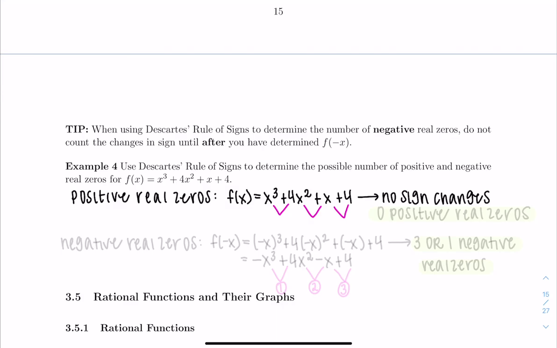Which means there are 0 positive real zeros. That means that they would only be negative.